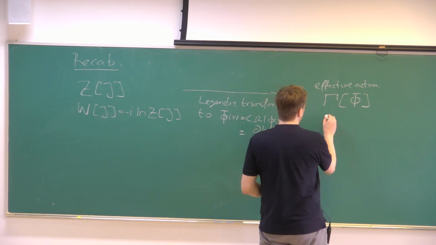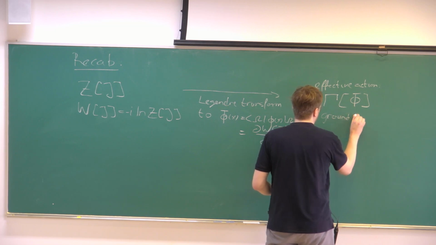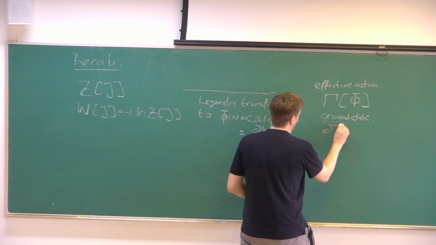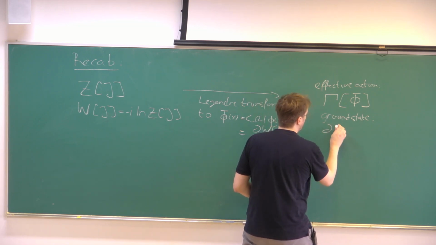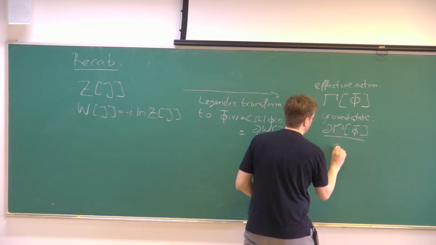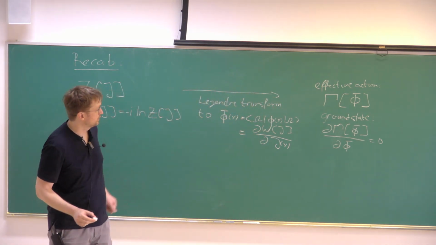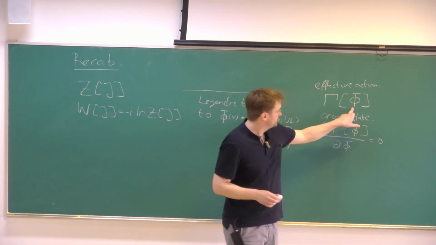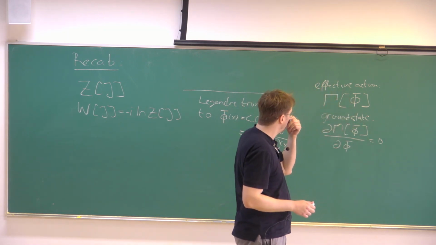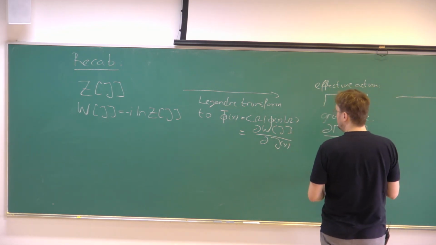And this effective action is nice because it gives us the ground state of the theory. The ground state is determined by the points in field space for which this derivative vanishes. So this already looks like a potential, but this is still a general function of x, and for our applications we are interested only in constant configurations.